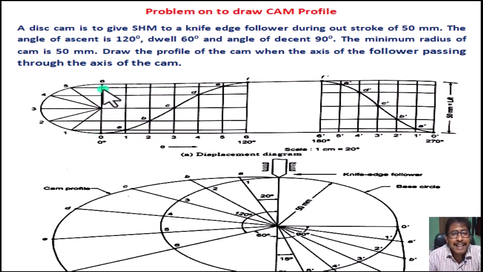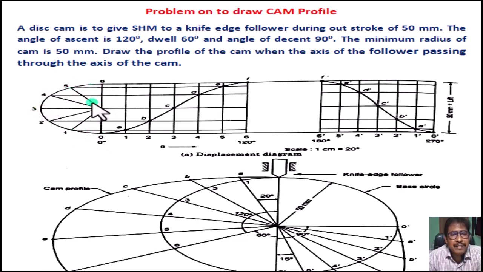Draw a vertical line 0-6 equal to the lift of 50 mm. Outstroke of 50 mm means the lift. Now we draw a semicircle on this line, at the middle point as center, and divide this semicircle into 6 equal parts.